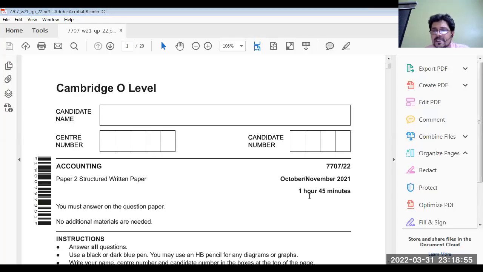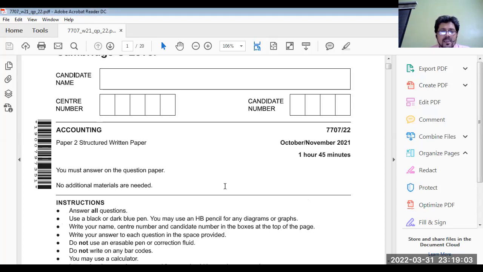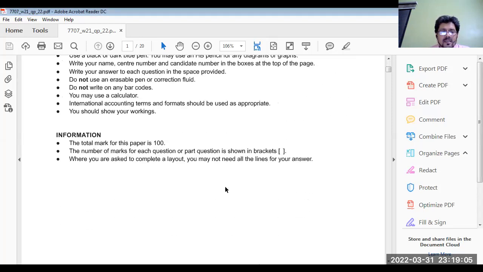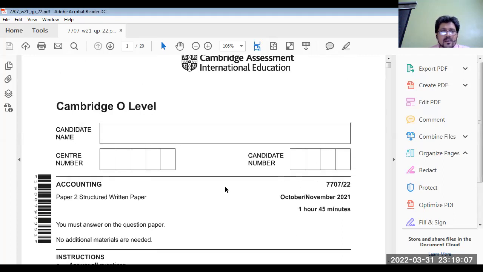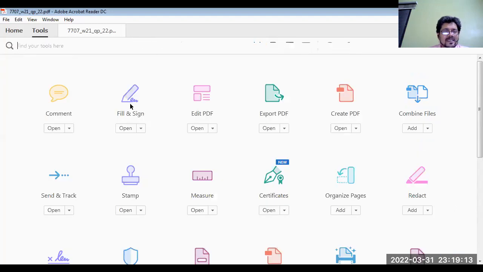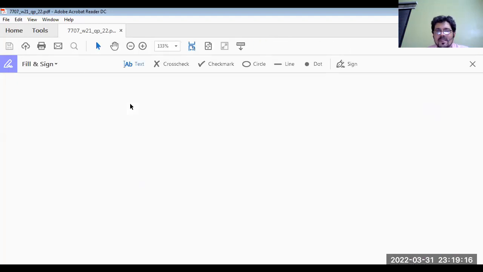Yes, it is there. October, November 2021, paper 22, 7707, O-level accounts. We were there. Here we are with our tools.